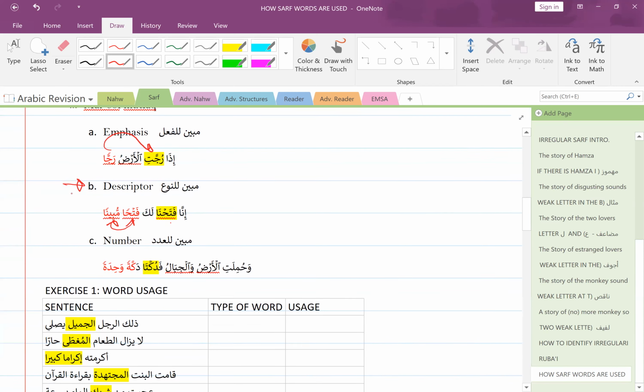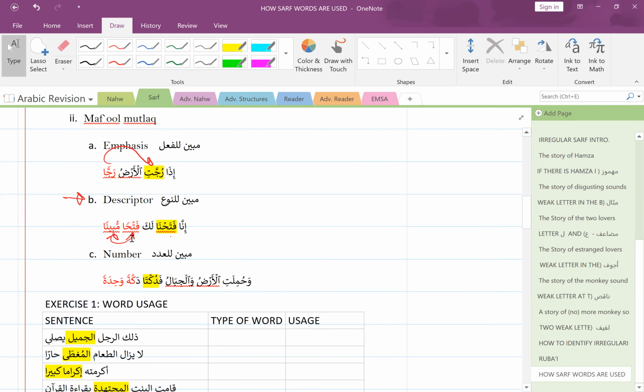Then the third one is if you're explaining how many times something happened. For example, وَحُمِلَتِ الْأَرْضُ وَالْجِبَالُ فَدُكَّتَا دَكَّةً وَاحِدَةً. So you're explaining how many times the fi'l happened. The fi'l is dukkata, the dual verb for both the al-ard wal-jibal.